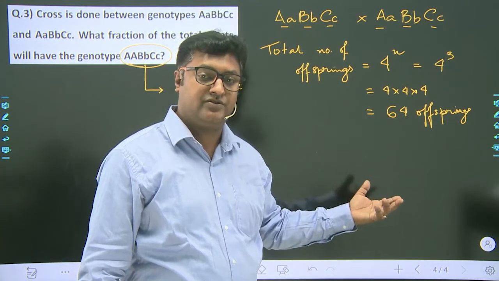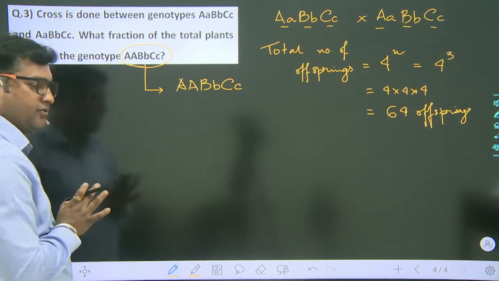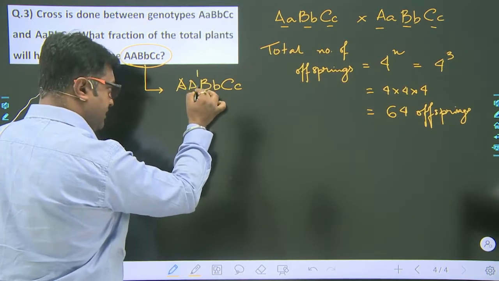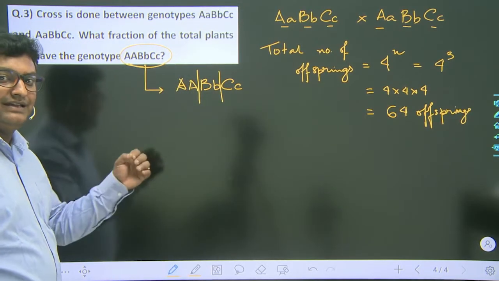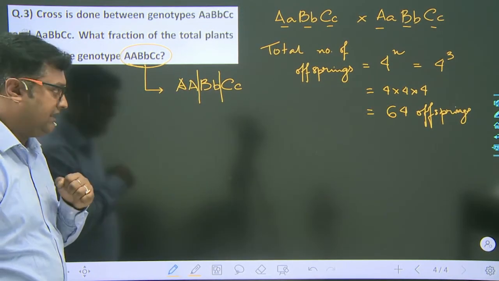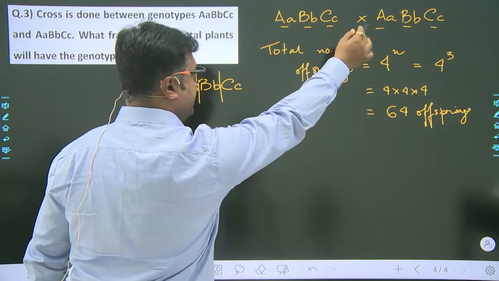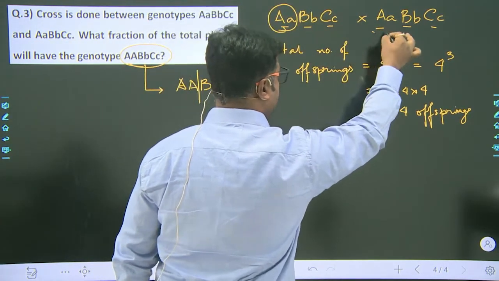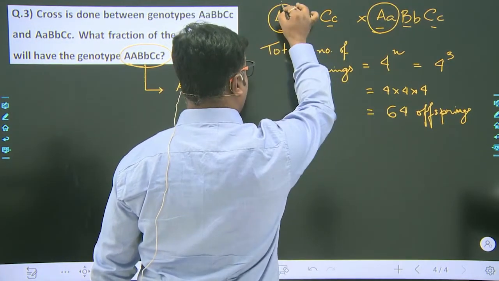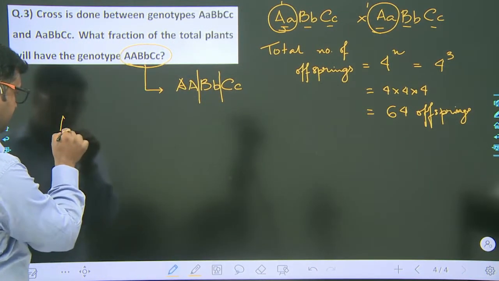So how can you do it with a trick? See the trick. When you see this type of question, you have to just make a part for each and every character. Clear? Like, if I say that this one is being crossed with this one, this is my first. Clear? So I am making a cross over here.